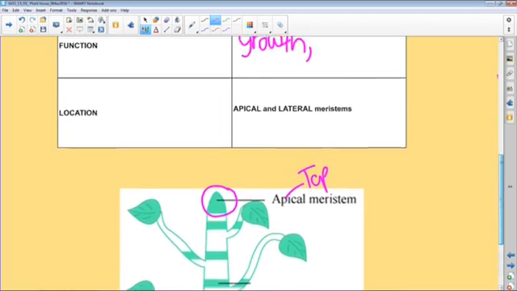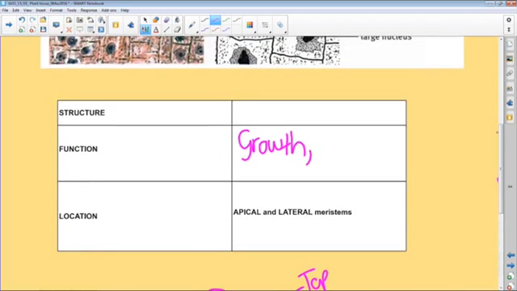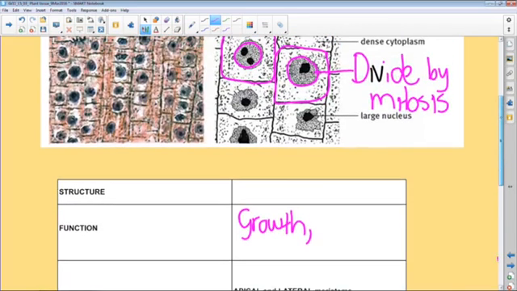Now, lots of these terms, words, are going to be a little bit foreign for you until we start looking at plants themselves. And we've got to put that plant tissue into a plant itself, to the plant organs. So if we're looking at structure, what would we say that the structure is? We would say that it's a regular cell, and all it has is a large nucleus.